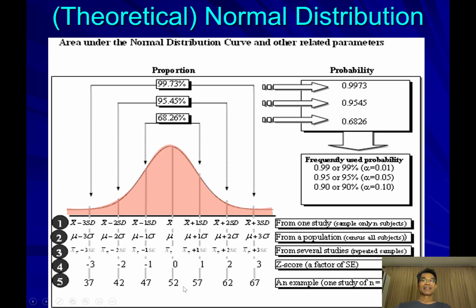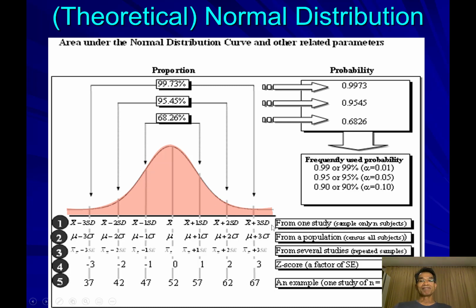So if the raw data follow this distribution, we will have 68.22 percent of the 25 subjects that have the weight between 47 and 57, which is almost impossible. So that is why raw data almost cannot be said to be normally distributed, but just symmetrical or bell-shaped.